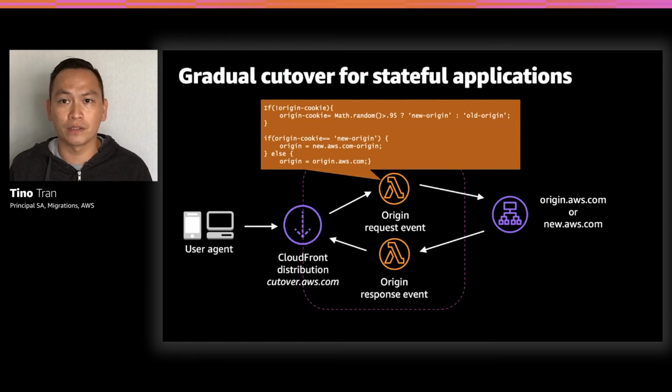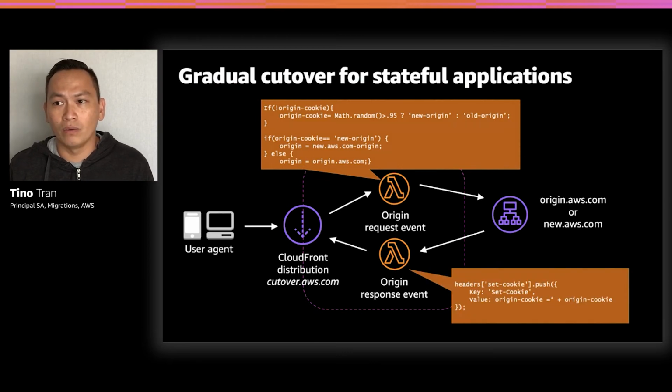If the cookie is already set, it'll use that value and set the origin accordingly. The origin is your application endpoint, whether it's in your corporate data center or in AWS. Now, on the way back, if the cookie hasn't been set, maybe because it's the first request from this client, you can also inject the header to set the cookie on the client so that all subsequent requests continue to get routed to the same origin endpoint.